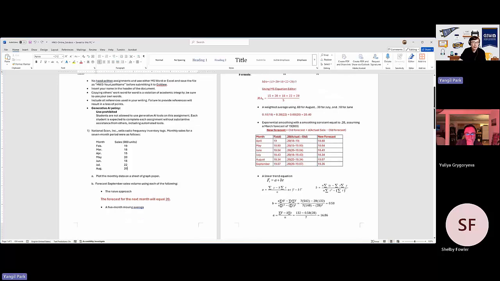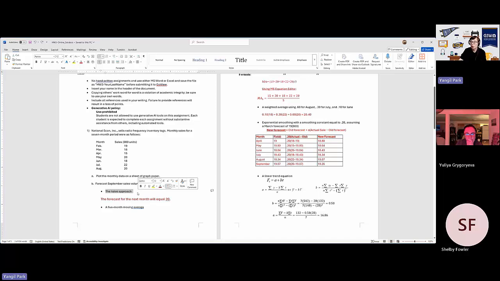So anyway, we have months and a number of sales that we try to use to forecast the future, specifically September. First one they talk about is the naive approach, which is based on the previous month or previous period.